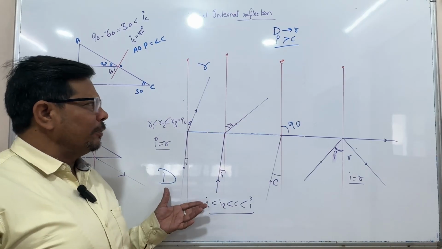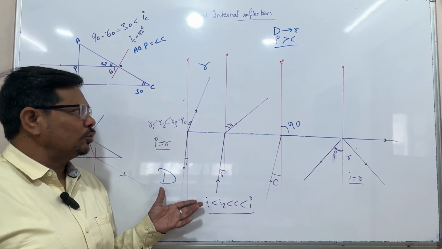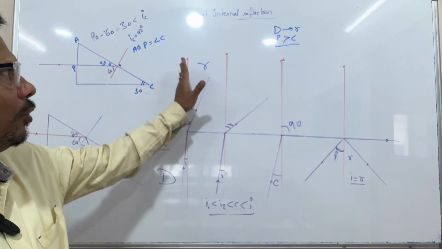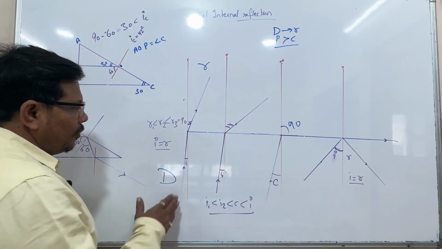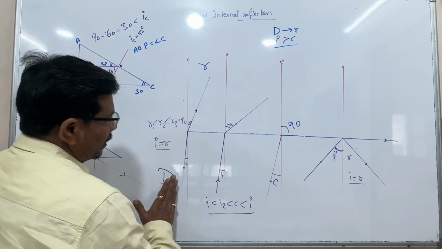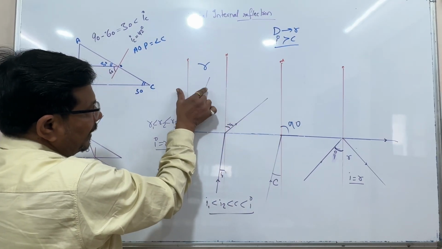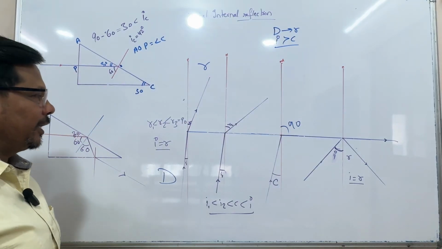It is a common phenomenon of light that when it travels from denser to rarer medium, it bends away from the normal, because we have 1, 2, 3, 4 normals I have drawn here. Bending away from the normal means it will go this way.